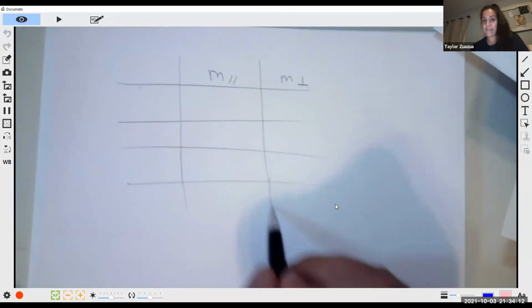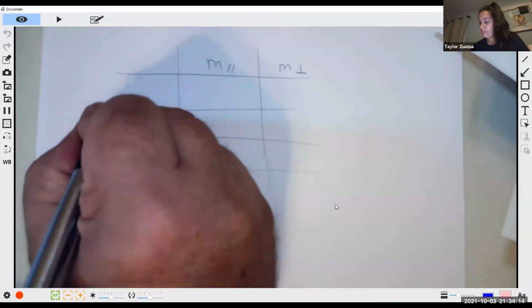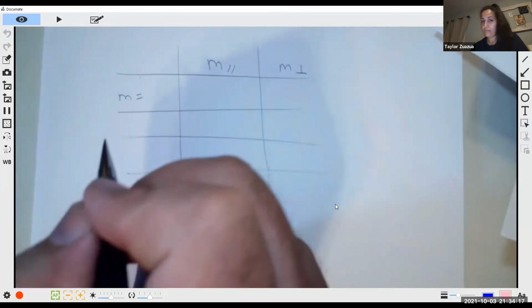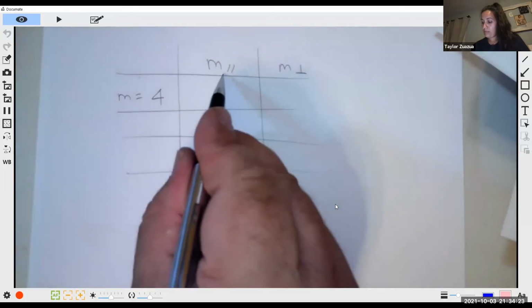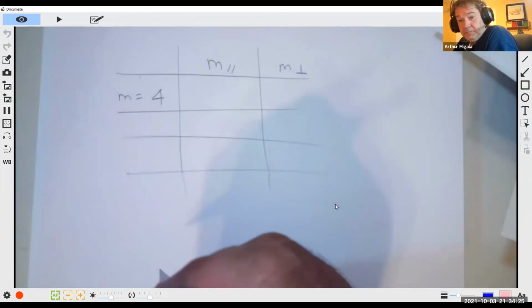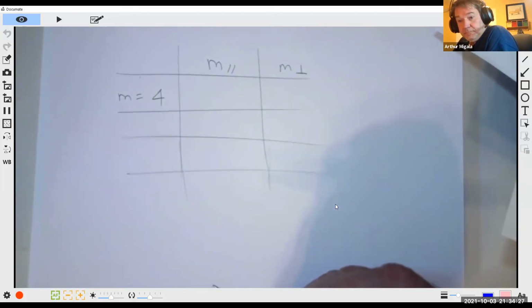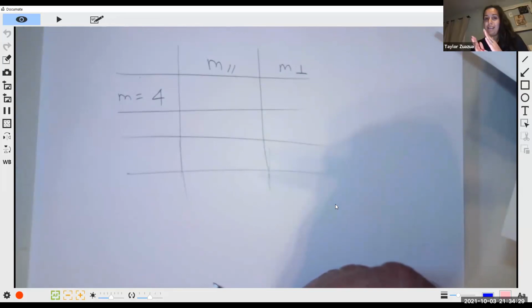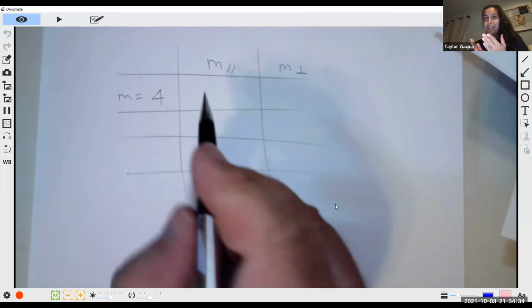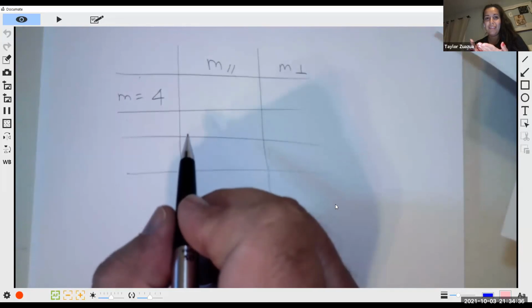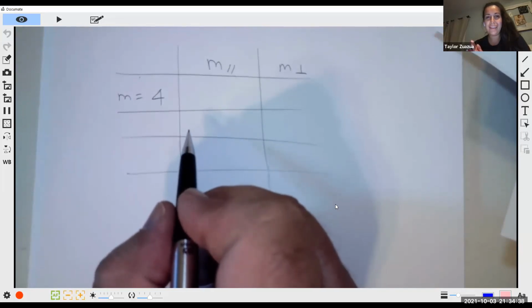I'm going to give you some examples here. Let's say the slope is 4. What is the slope parallel to that? Wouldn't it be an even number?